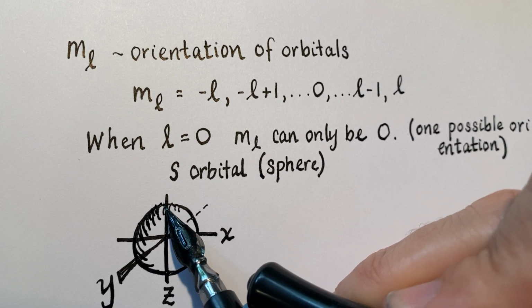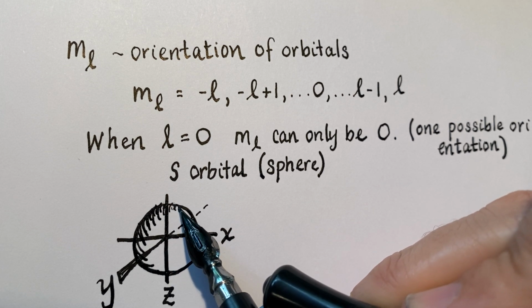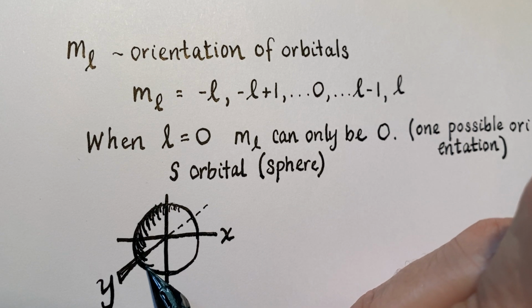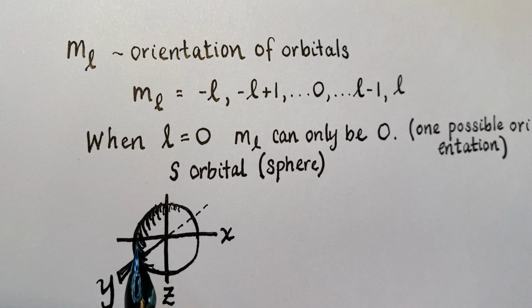The probability of finding an electron somewhere in this sphere. And if we imagine changing the orientation of this sphere, let's say we turn it 90 degrees, it will still look like a sphere. Say we turn it 180 degrees, it still looks like a sphere.